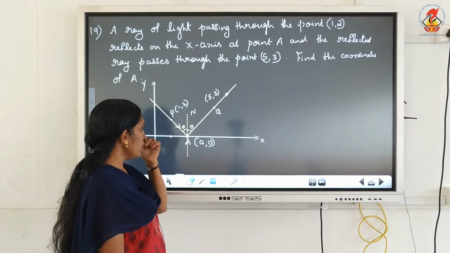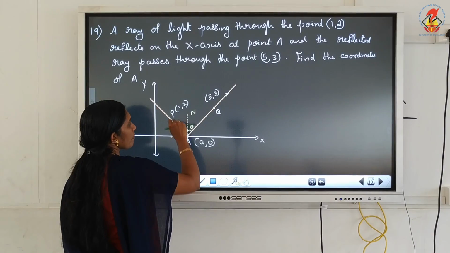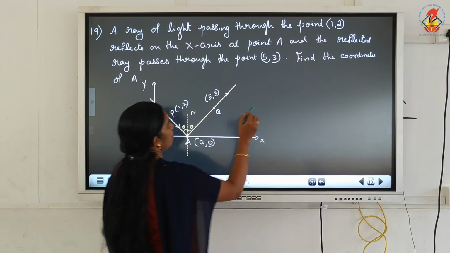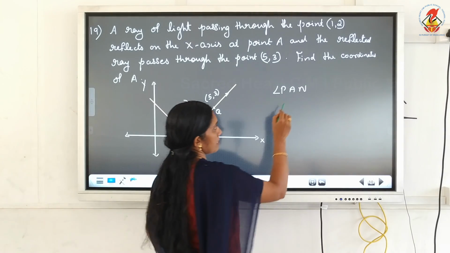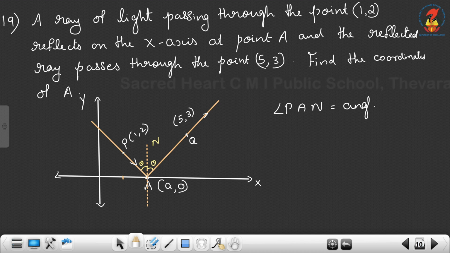Okay, so what do we do? We use the result. Angle PAN. What is this N? N is the normal, the 90 degree line, perpendicular to the x-axis. So this angle PAN is the angle of incidence, isn't it?